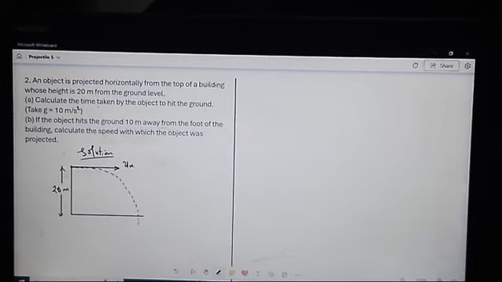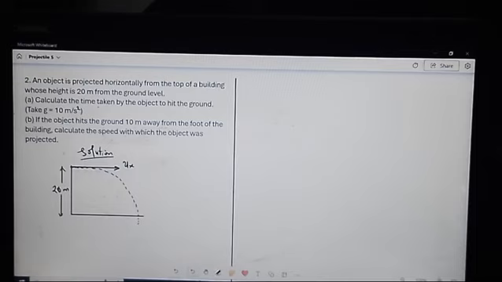So the first question is that we should calculate the time taken by the object to strike the ground. The time can be calculated using either the vertical component or the horizontal component, because it is the same time that is required to cover both motions.